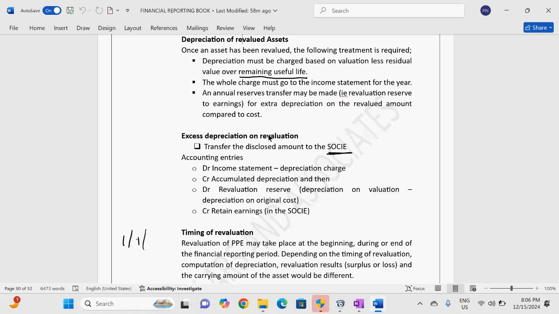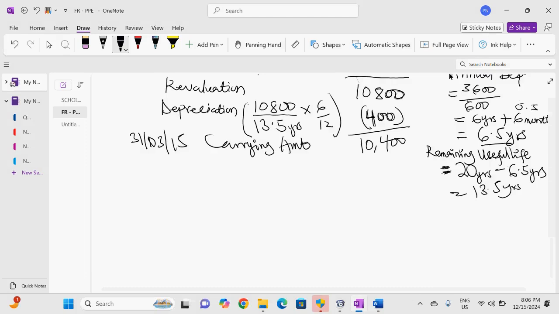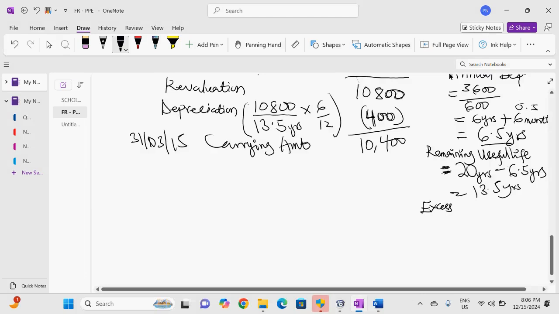So if it reduces our surplus or retained earnings, then you add it back because you have overcharged the depreciation. So this is the treatment of the excess depreciation. Let's refer it to this question. Excess depreciation has a formula.